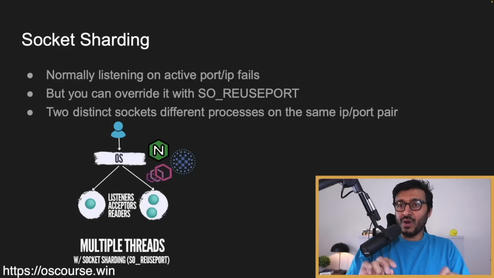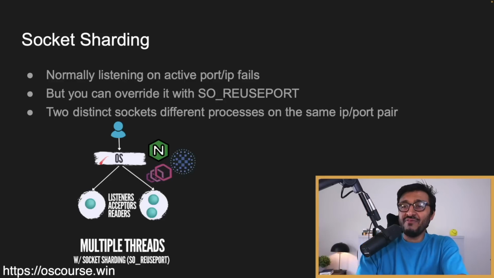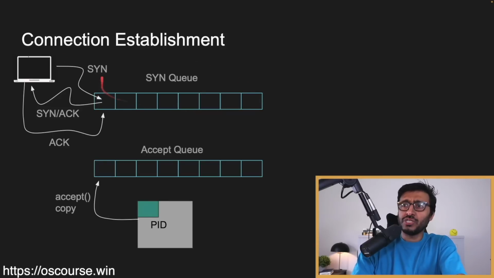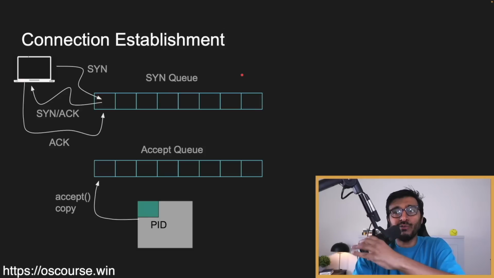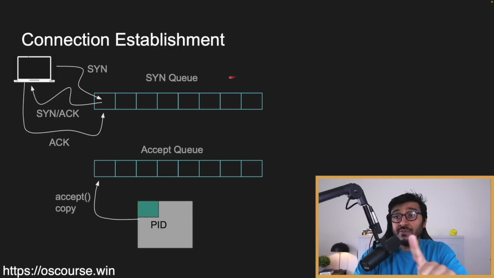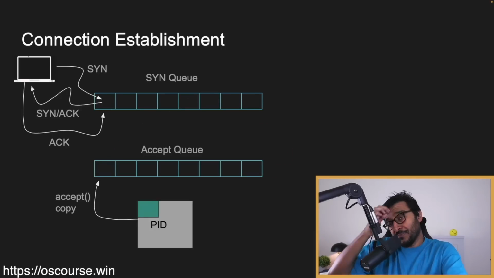Now this poses a problem, because if a client comes in with a SYN, what do we do in this particular case? Which socket gets the SYN? I'm imagining, and I don't know the detail about this, that you can have either two SYN queues or one SYN queue for both sockets, but different accept queues for sure, right?